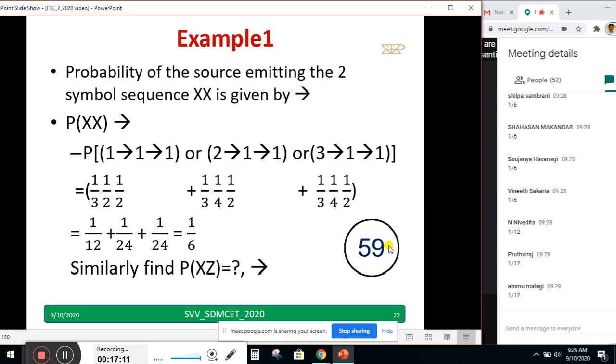Do it fast, XZ. I think Ammu told 1 by 12. You can take 1 minute maximum to do this. I want each student to write the answer.